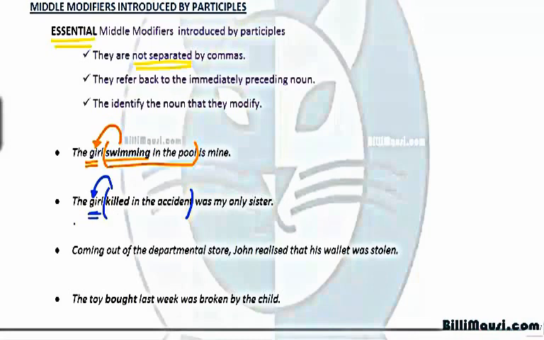Coming out of the departmental store, John realized that his wallet was stolen. So you see that the error which we had earlier seen has been rectified here, and it correctly mentions coming out of the departmental store, John realized that his wallet was stolen.